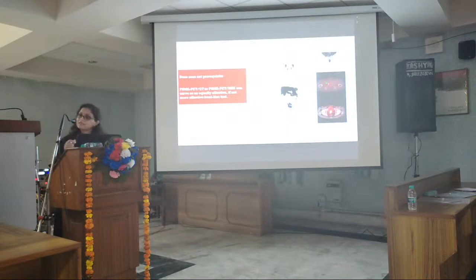PSMA PET-CT is equally effective, if not more effective. And with appropriate usage criteria, from unfavorable intermediate risk onwards, they are recommending PSMA PET-CT.